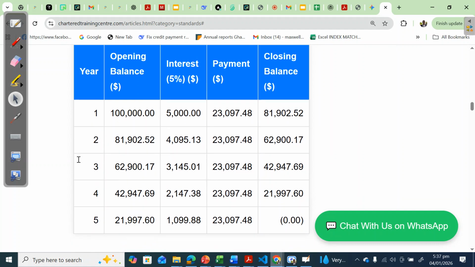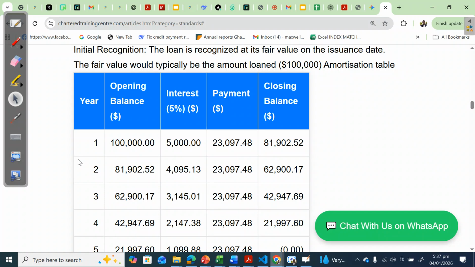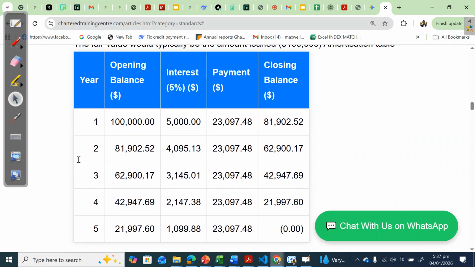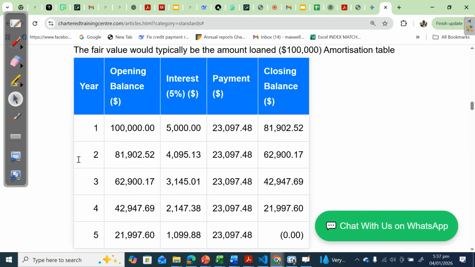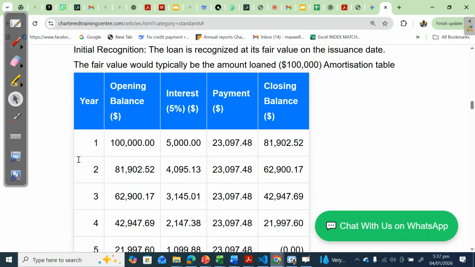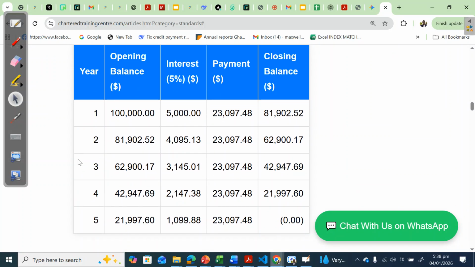It means the bank is going to recognize interest income of 5,000, and also the loan closing balance as 81,000. These are the closing balances of the loan at the end of each year.